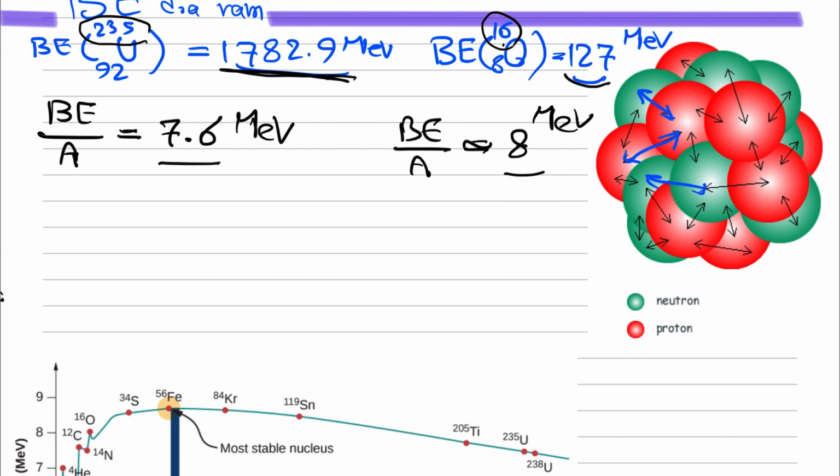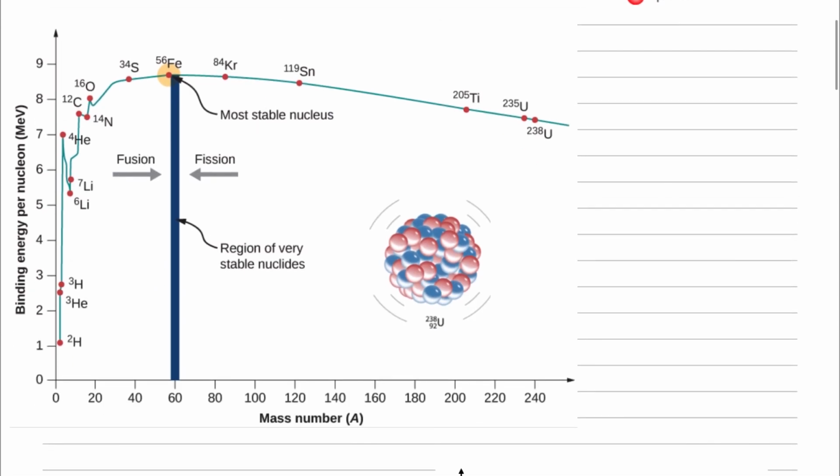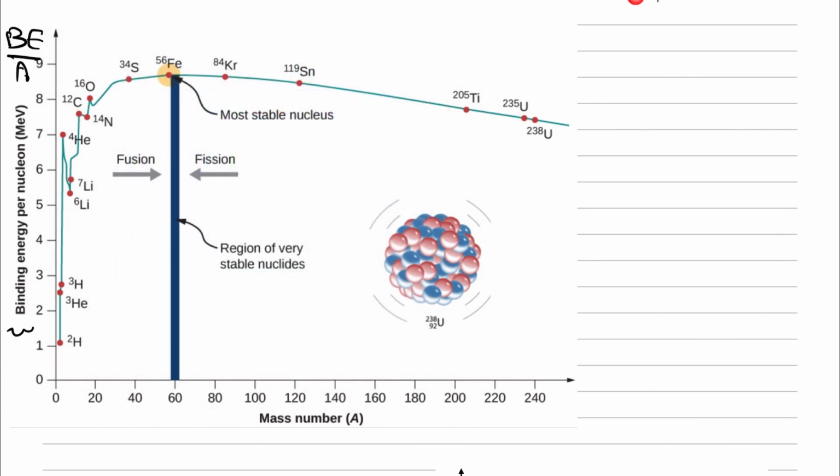Now, if we calculate all values of this ratio, we can produce this diagram. In the vertical axis, we see binding energy per nucleon, or Be divided by A. And in the x-axis, we see mass number.